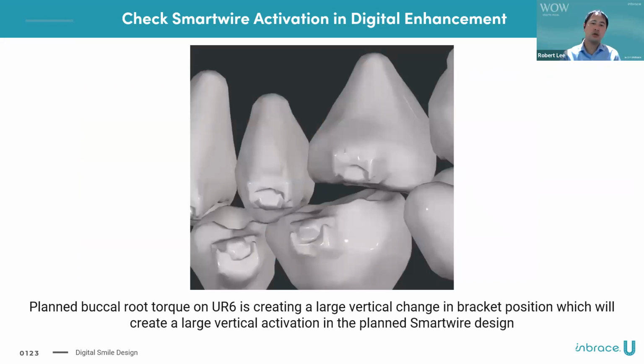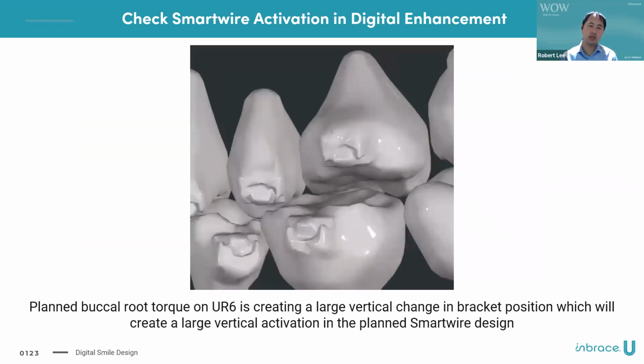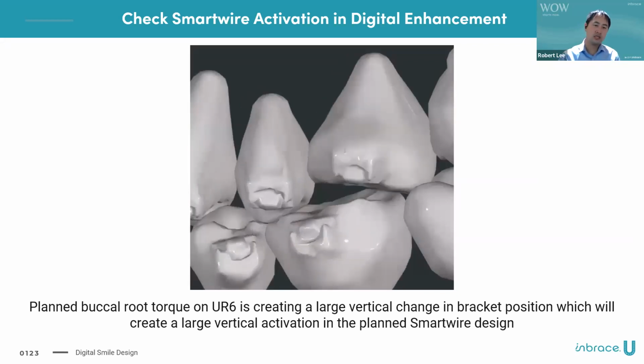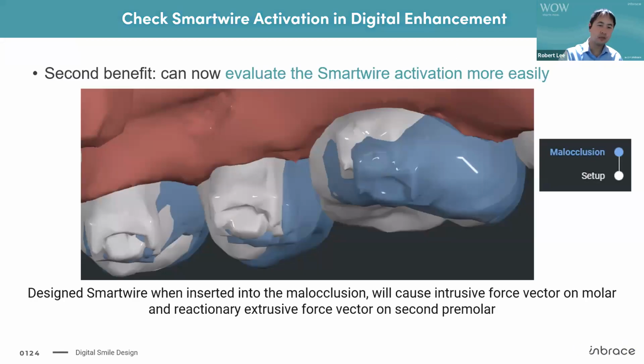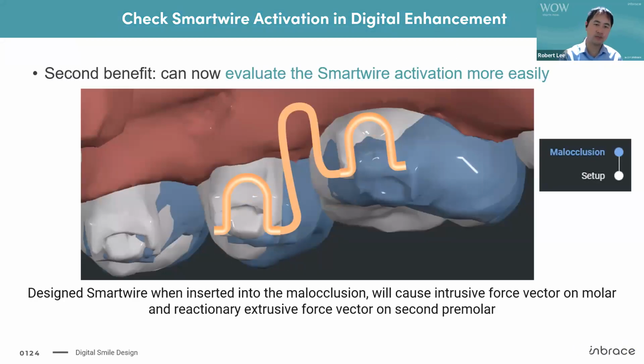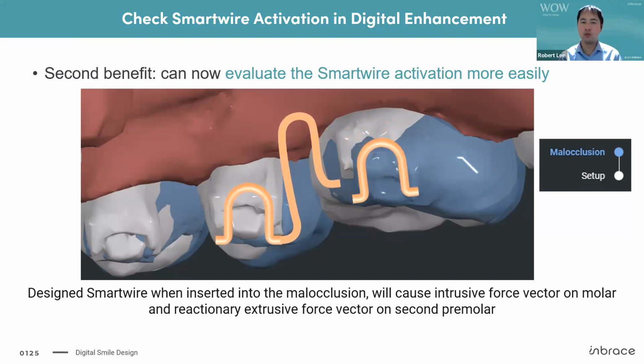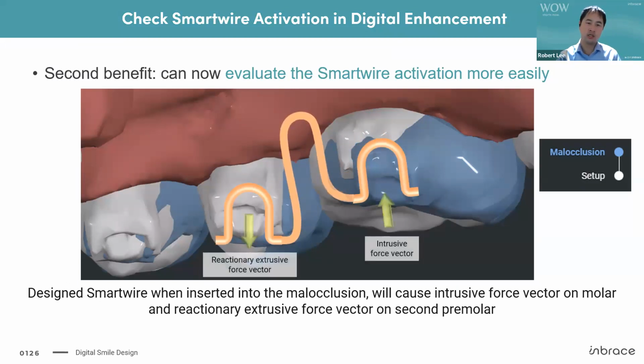So in a case like this, when you have root torque added to this upper right 6, you can see that vertically it's changing its position. It's causing a large vertical change. When you have that large vertical change, you have to remember the wire is designed for the smile design, so we're designing it for the white position of the bracket. Then you insert it into the malocclusion, and it wants to go back to what you actually designed it to be. So the loop is going to stretch so that you can engage into the malocclusion.